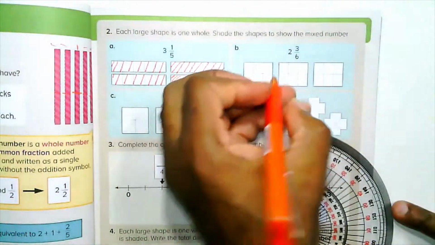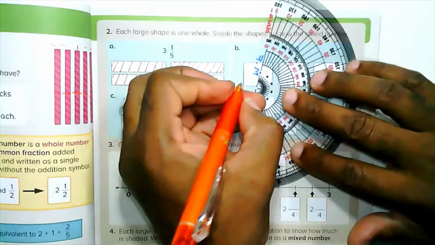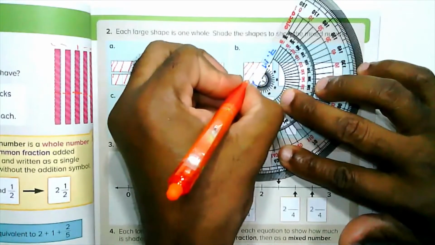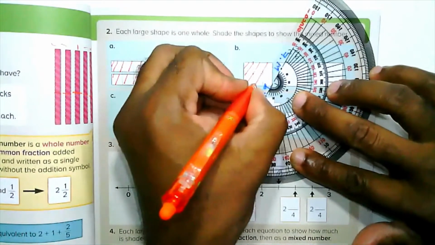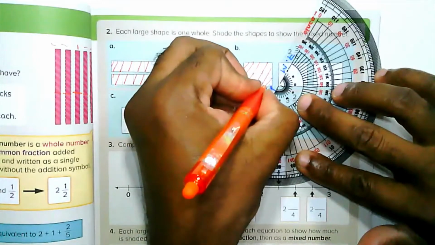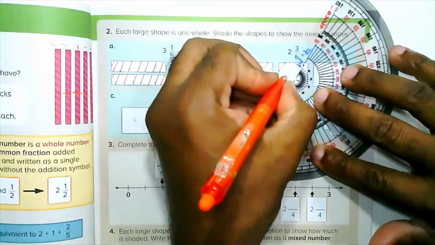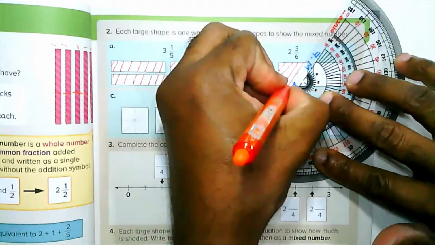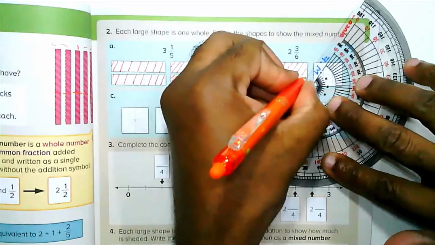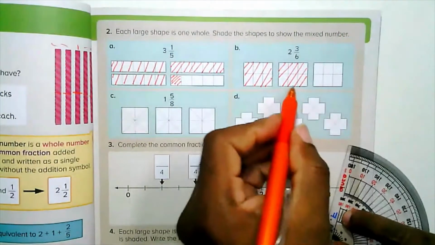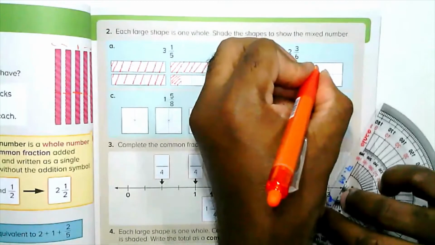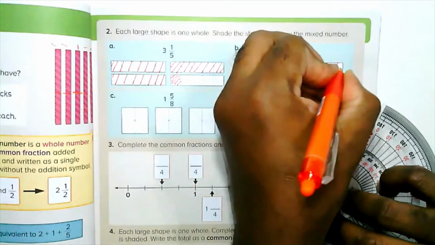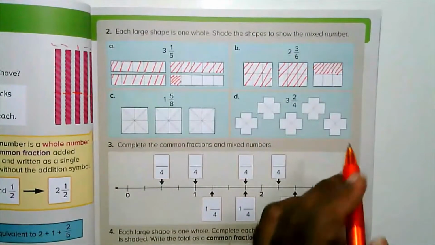Part B, we have to shade 2 whole. So we have 2 whole, then 3 of 6. So we shade 3 of 6.